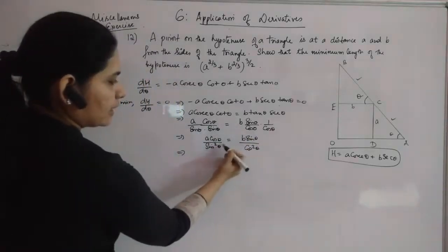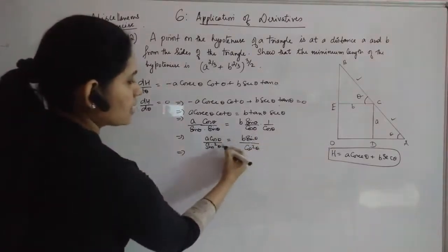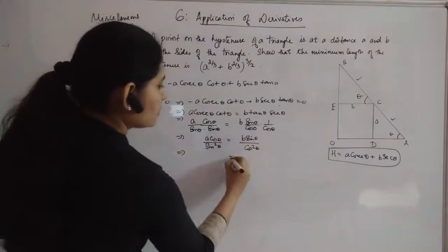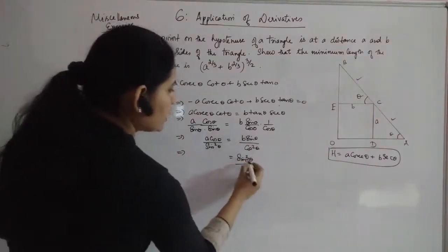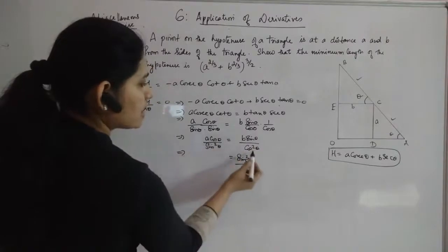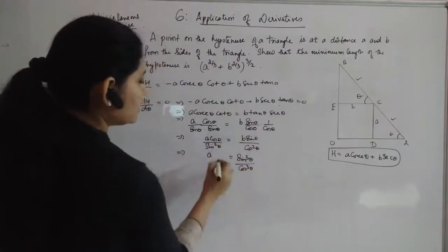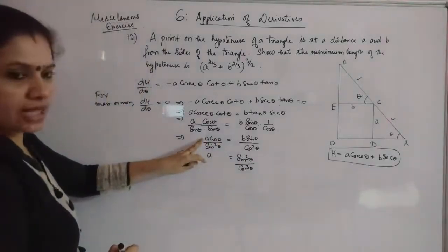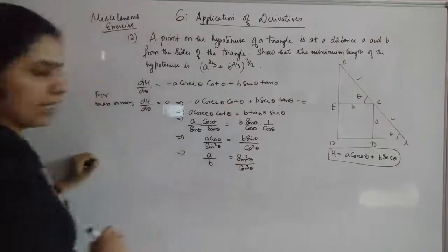Now if I make it of the sine by cos type, I am taking this sine square to the other side, so it will become sine cube theta, and the cos theta here goes across so that it becomes cos cube theta. On the left hand side you have a, and this b has been taken to the left side, so it becomes a by b.